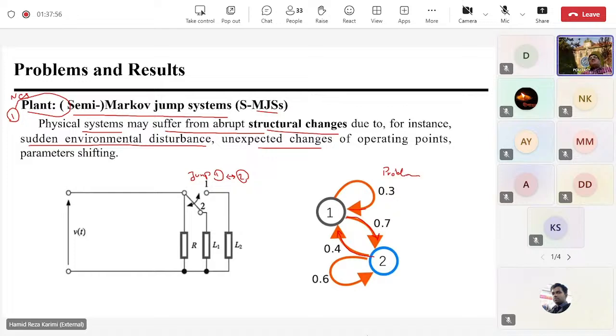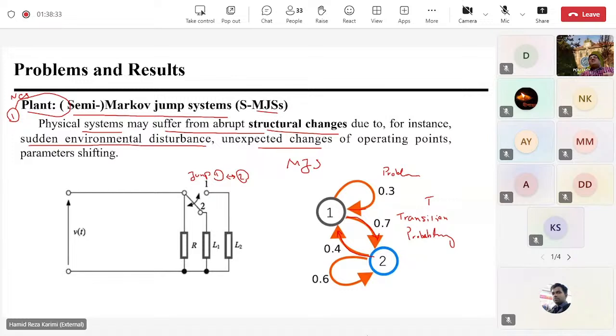So now there is the topic we have in control: the Markovian jump system. The Markovian jump system is a stochastic process, but we are dealing with some probability. The transition from 1 to 2 with the probability of 0.7, we call it a transition probability, the TP.